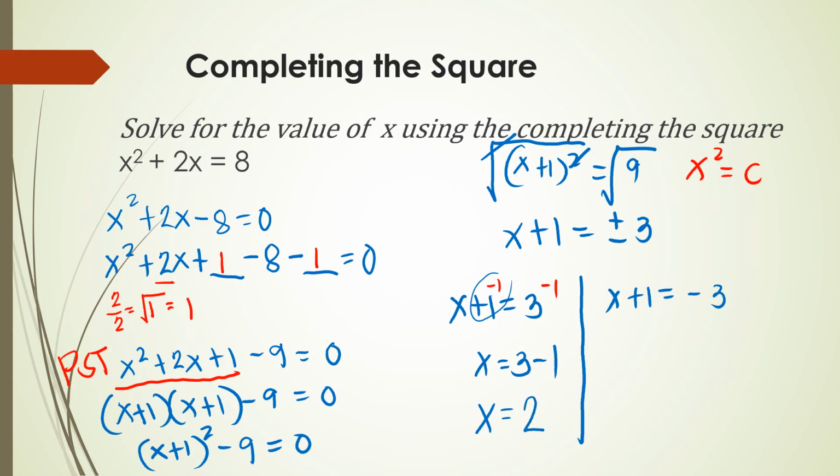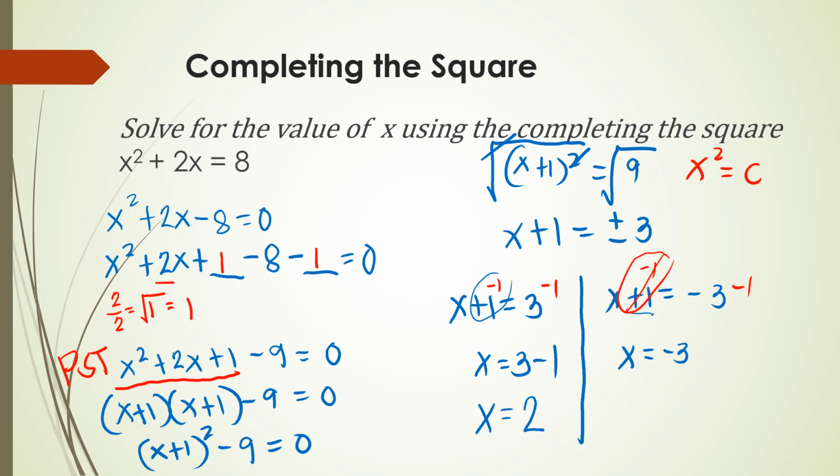Okay? On the other side, so you have x plus 1 is equal to negative 3. So, you have 1 here plus 1. On the other side, using the addition property of equality, ganun lang din ulit, magma-minus tayo ng 1. So, this part, mawawala na to, magiging 0 na siya.